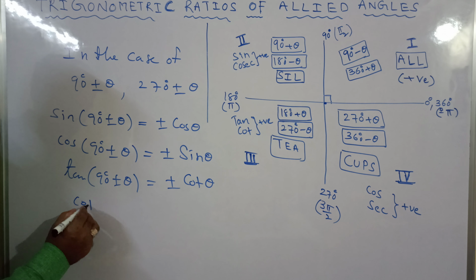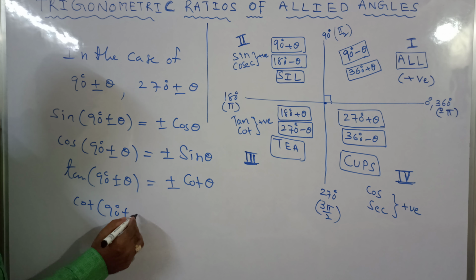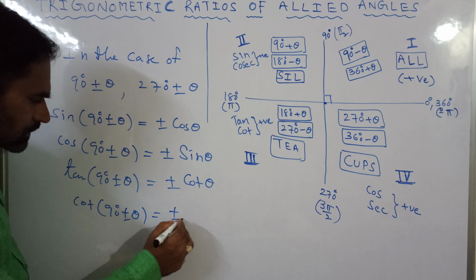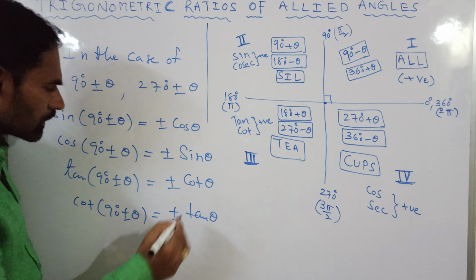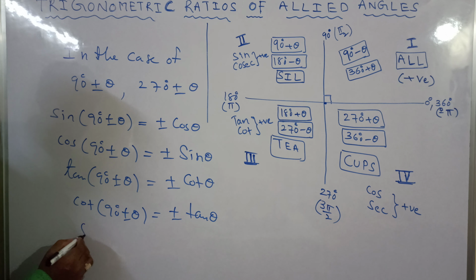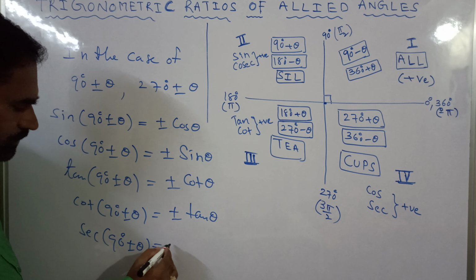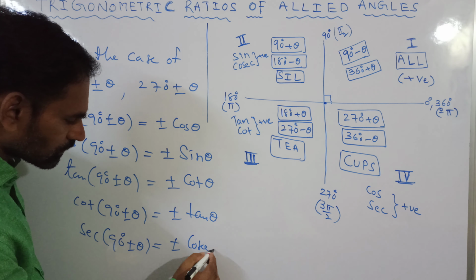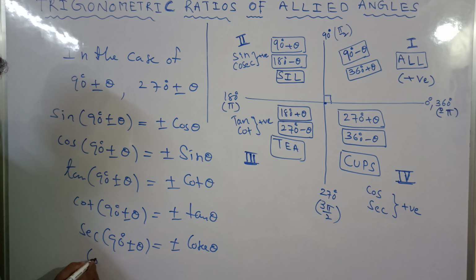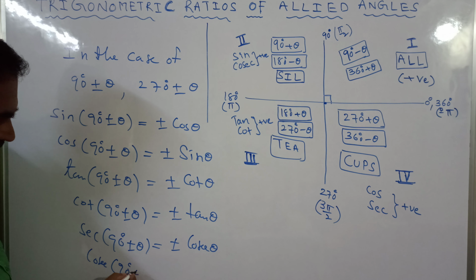Next, cot 90 plus or minus theta becomes plus or minus tan theta. Similarly, secant 90 plus or minus theta equals plus or minus cosecant theta. Cosecant 90 plus or minus theta equals plus or minus secant theta.